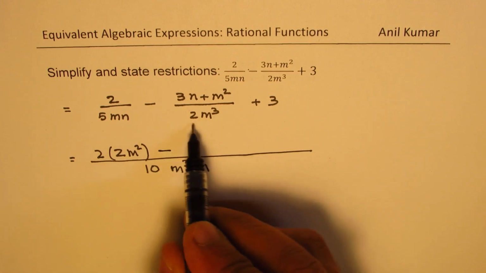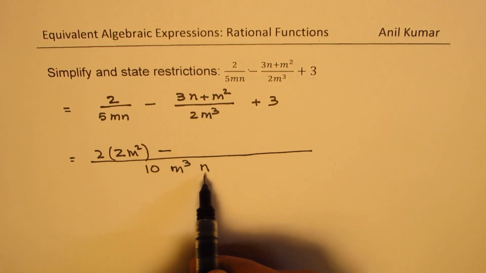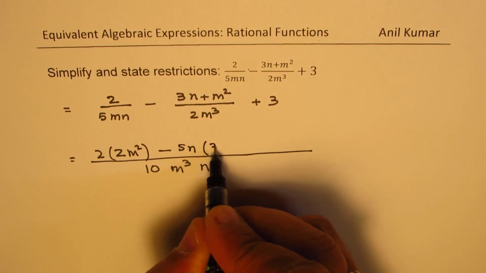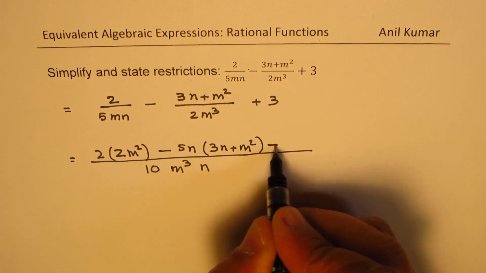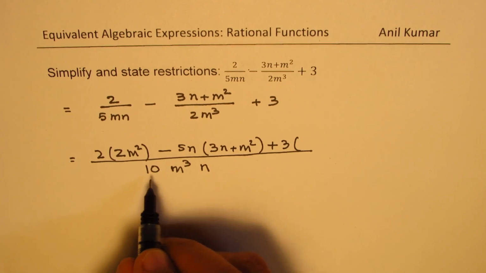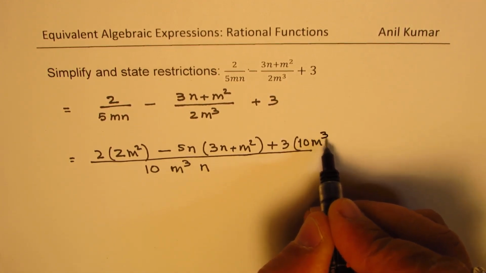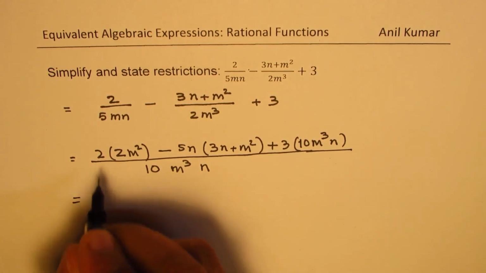In the second case, we have 2m cube. Now that means we need 5 times n. So we'll multiply 5 times n with 3n plus m square. Is that clear to you, right? Plus 3 times, here the denominator is 1. So we'll multiply by all of them, which is 10 m cube n. Does that make sense to you, right? And now let's open this bracket.